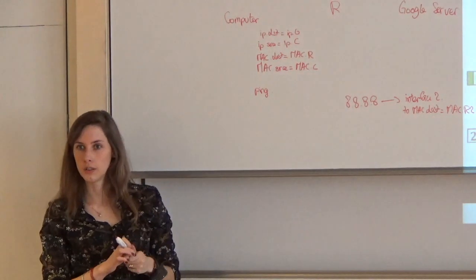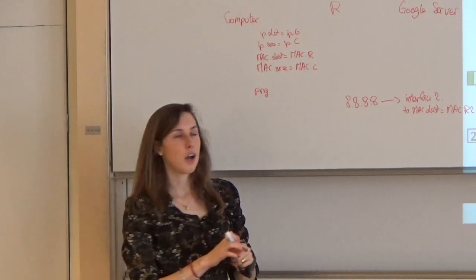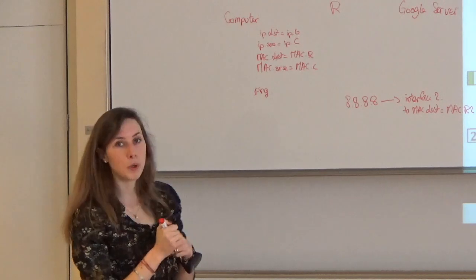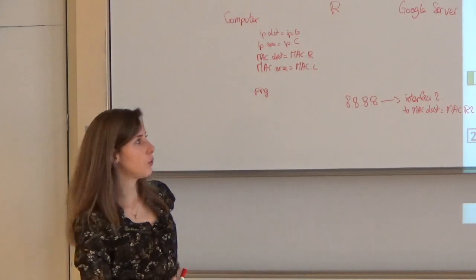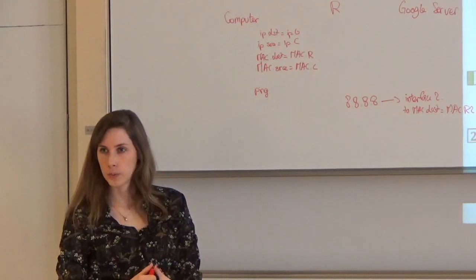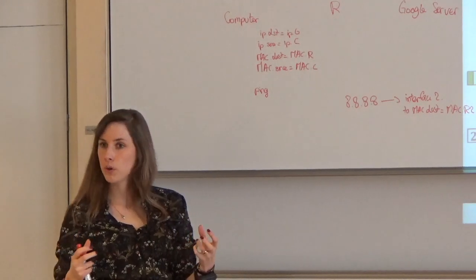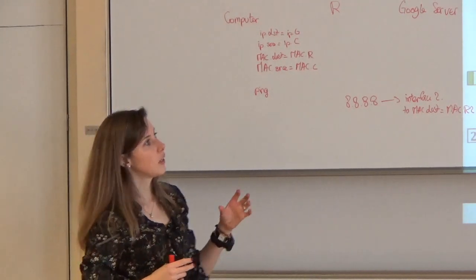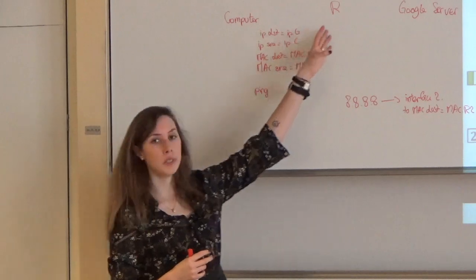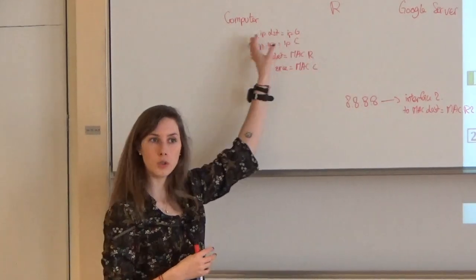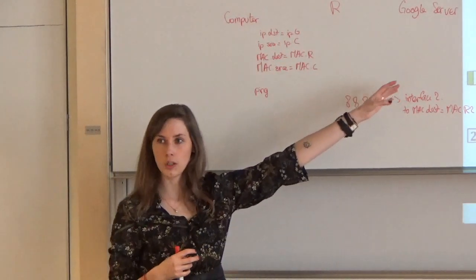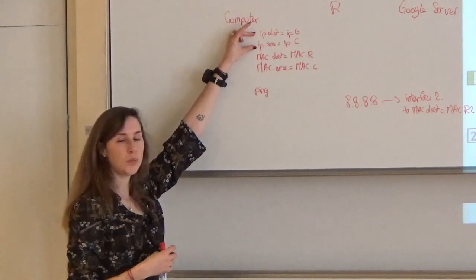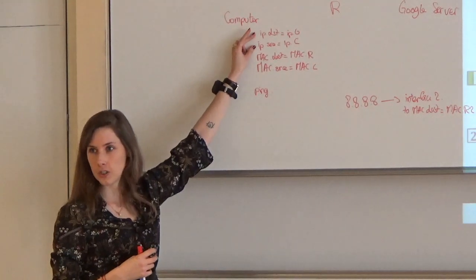Is it clear? Yes. Now, the other important thing I mentioned last week is this end-to-end principle. In the end-to-end principle, the intermediate systems, the ones between the source and the final destination, never modify the IP destination and source addresses.